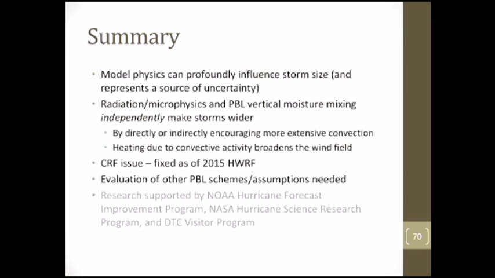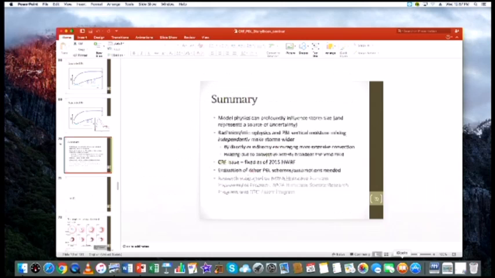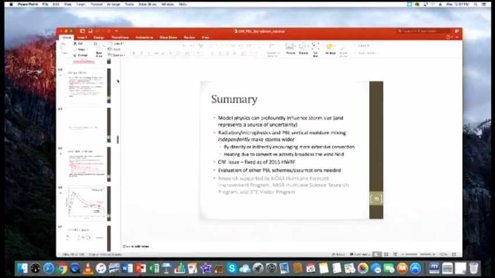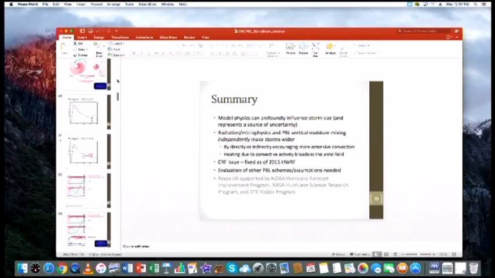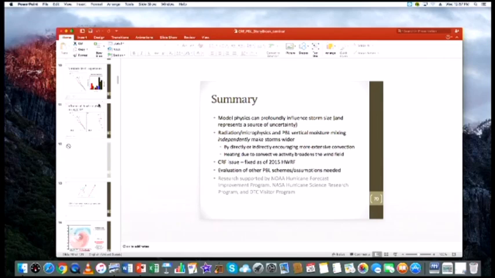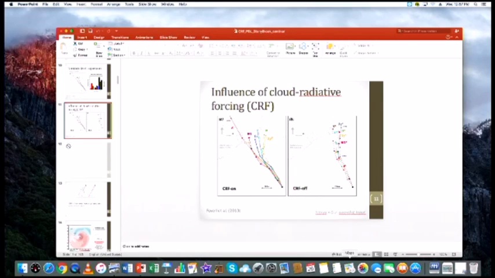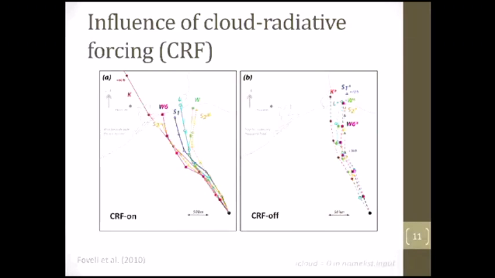Yeah, but if you remember back, let me go back and remind you what the track plot looks like. The track plot at right was basically 7 different microphysics schemes.